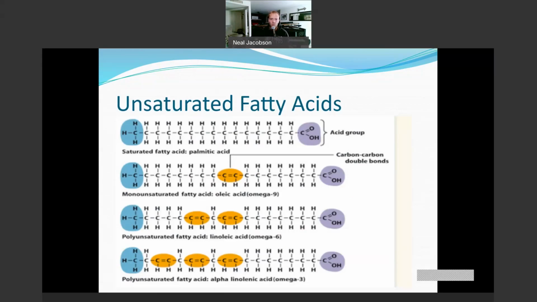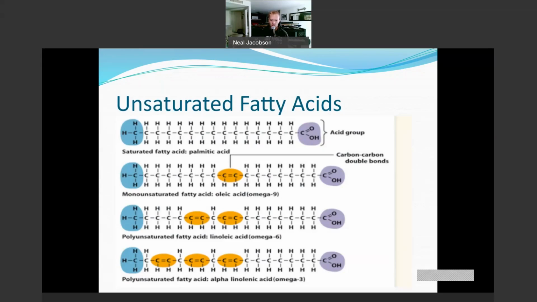Well, historically, ancestrally, long before we had industrialized farming, there was a certain ratio of omega-6s to omega-3 fatty acids in the diet.